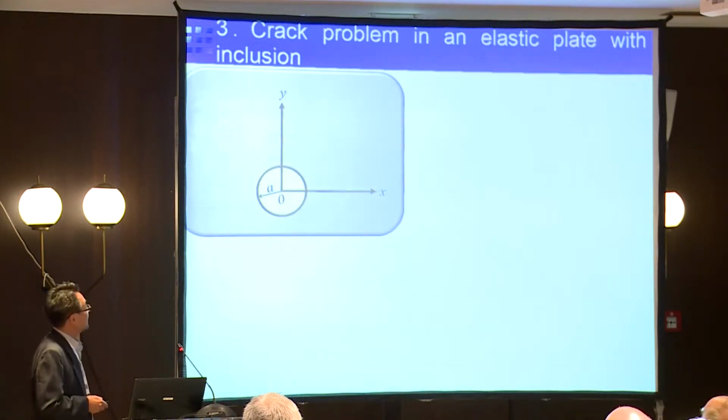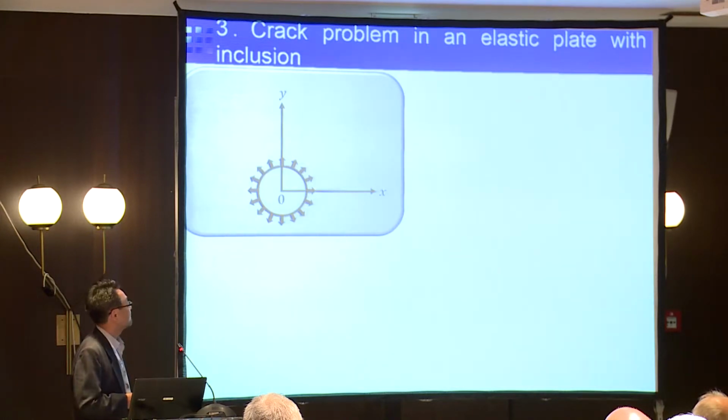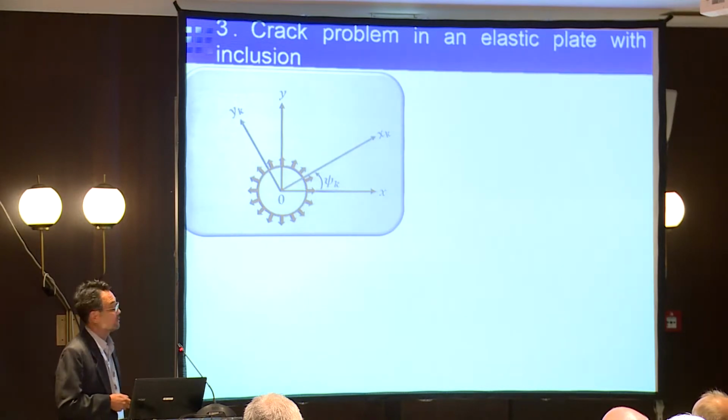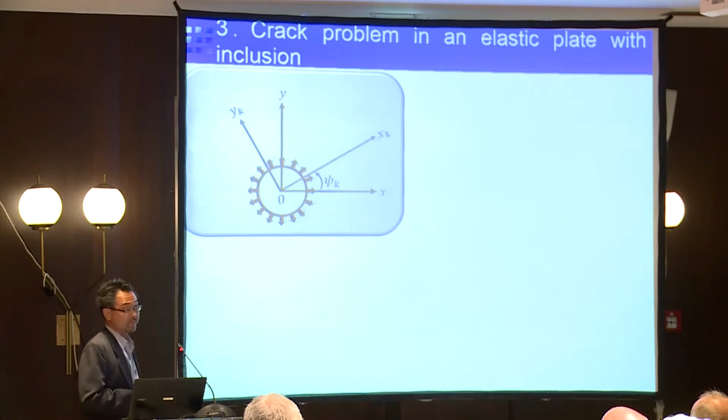This picture indicates the elastic media with a hole of radius a. By inserting the circular inclusion of radius a plus epsilon into this hole, we have a residual stress around here. For this situation, the global coordinate x and y is set at the center of the press-fitted inclusion, and the local coordinate xk and yk is set as shown here.